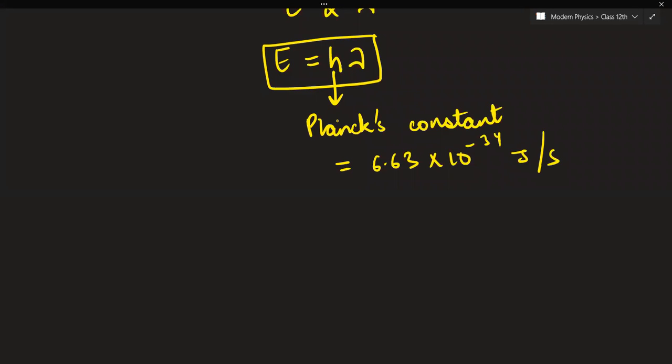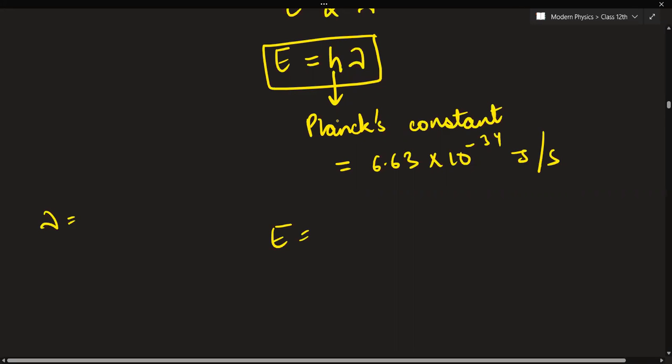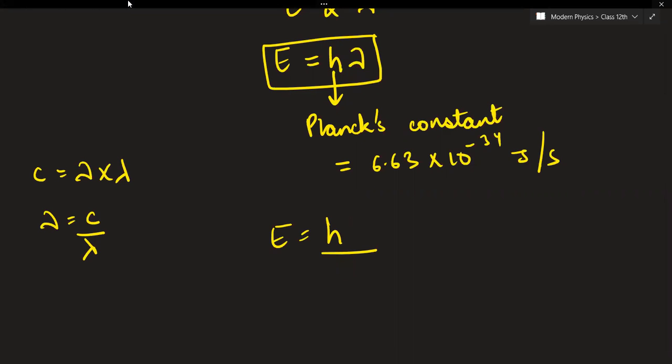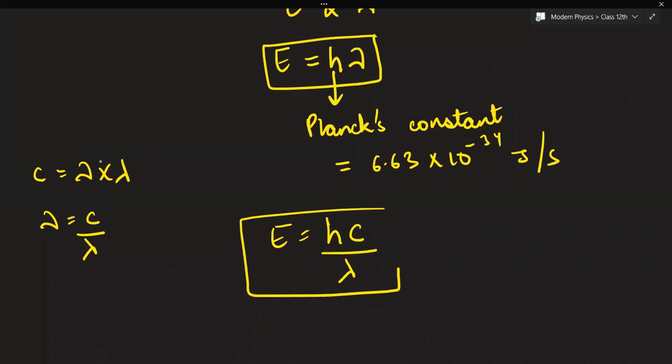So this is the energy of the incident light. You can even modify this. See, frequency is equal to speed divided by wavelength, because we all know speed is frequency multiplied by wavelength. So you can use this formula as well: hc divided by lambda, where c is the speed of light.